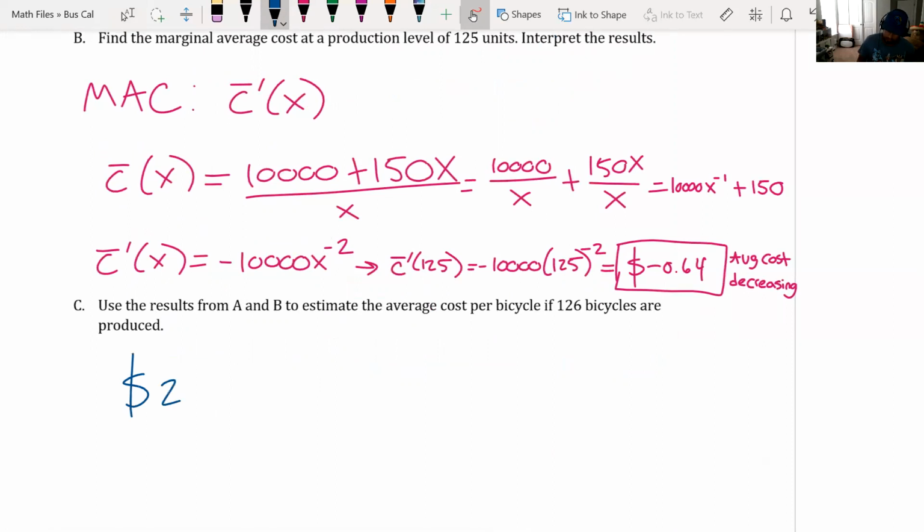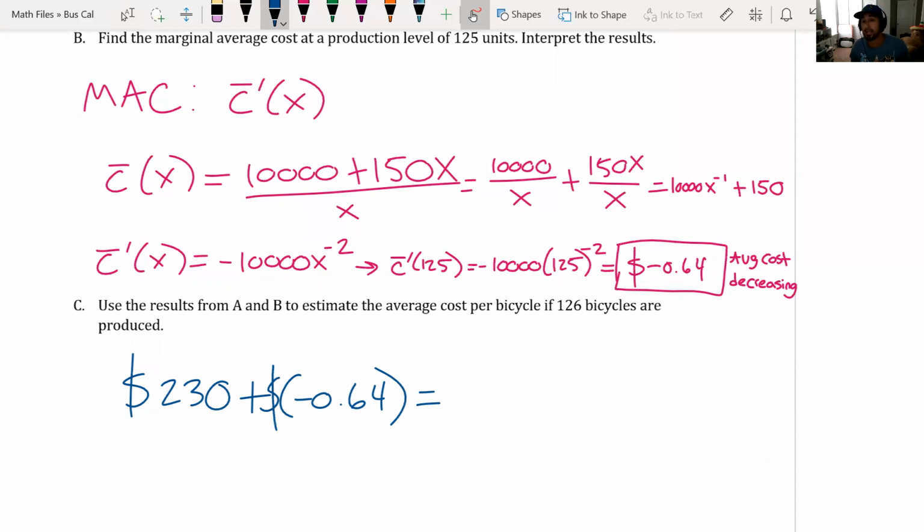which is $230, and add it to the answer from B, which is negative 0.64. And let me put a dollar sign there, sure.